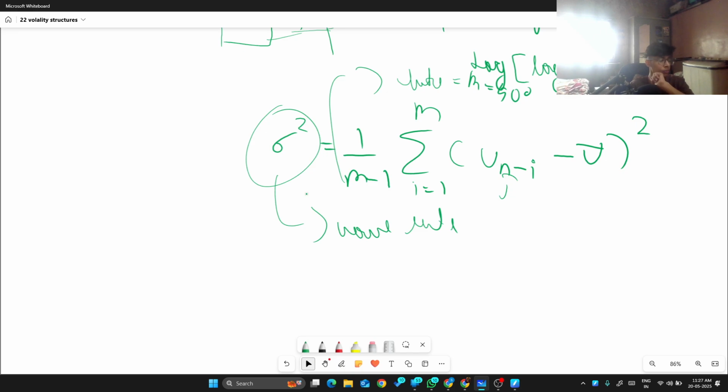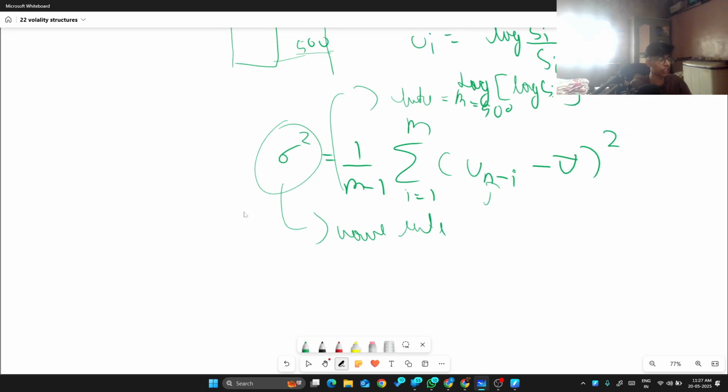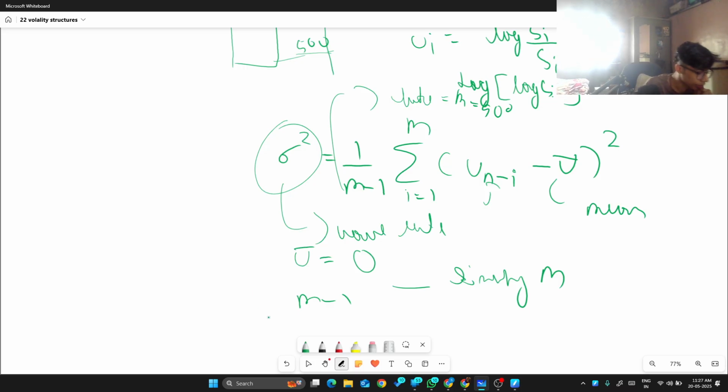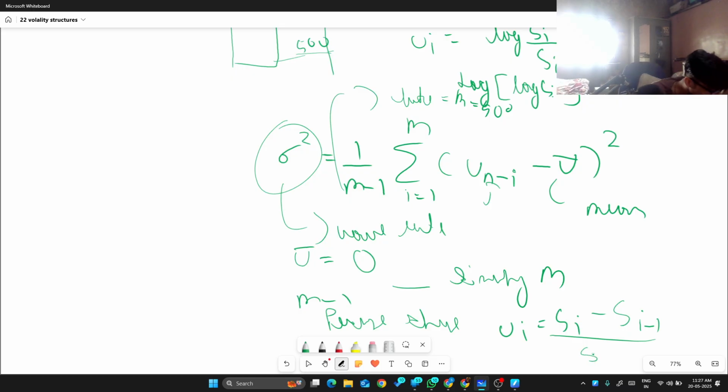Okay, and to make the formula simple, if we take a very small timestamp we consider the mean equal to 0, this is the mean of the stock price, and we replace m minus 1 by simply m, and also we take the percentage change, that is u_i equal to (S_i minus S_(i minus 1)) upon S_(i minus 1).